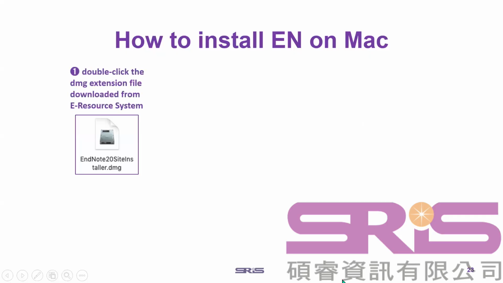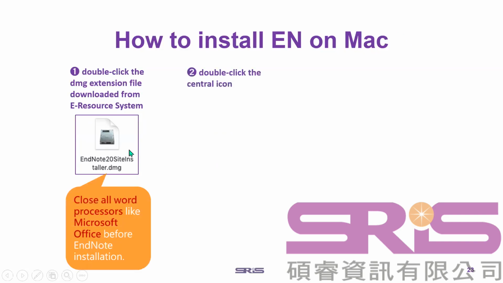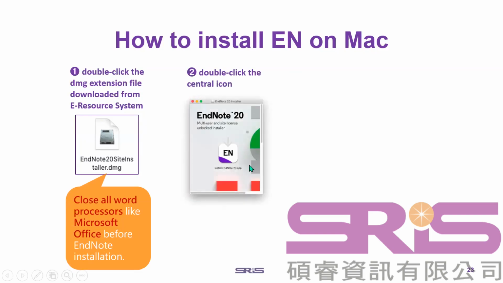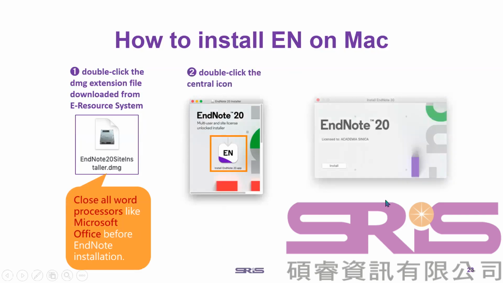So very easy. But if you use Mac OS, just download the DMG file. Okay. After you download the DMG file, please close all the word processors like Microsoft Word I just mentioned before, and double click the central icon to go into the installer.